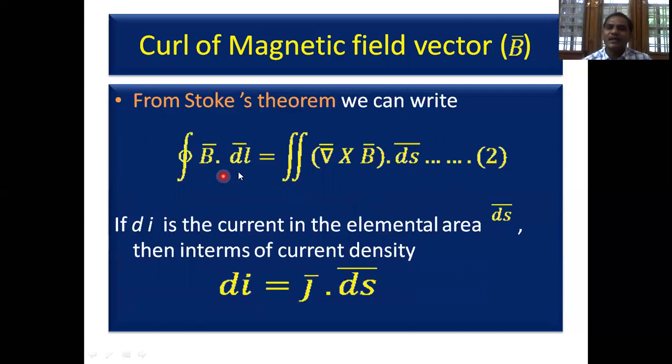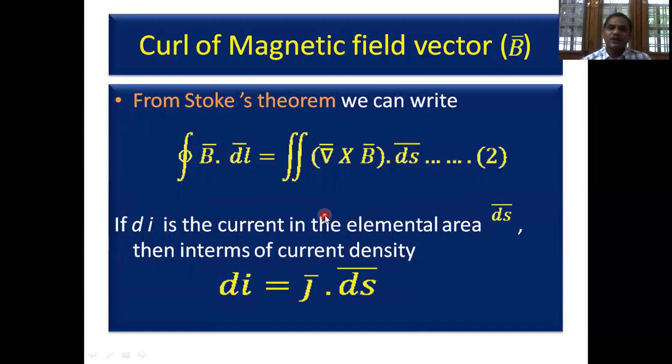So closed integral B bar dot dl bar can be written as surface integral of curl B bar, that is del bar cross B bar dot ds bar. We studied this in mechanics in first semester. Closed integral B bar dot dl bar equals surface integral of del bar cross B bar dot ds bar. Equation 2.